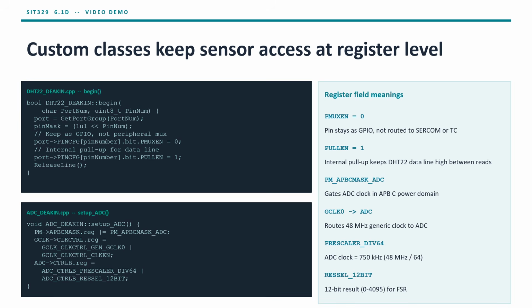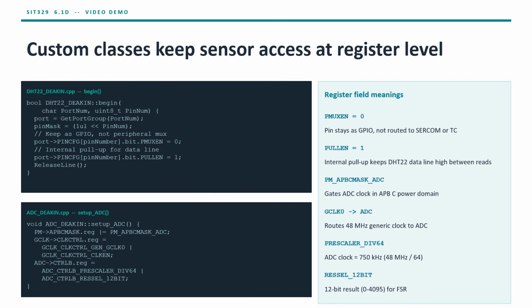In the ADC class, I set up the ADC. The first step is to gate the ADC clock domain through the PM APBC mask register. The 48 MHz generic clock 0 is then routed to the ADC peripheral via the GCLK clock control register.